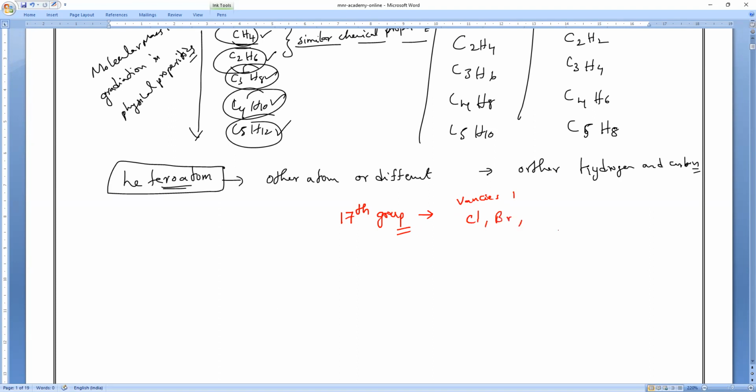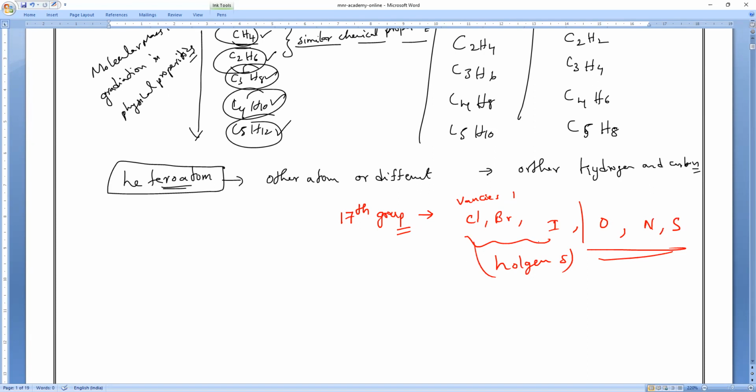Chlorine, bromine, iodine, and oxygen you can take. Chlorine, bromine, and iodine are called halogens, and oxygen, nitrogen, and sulfur are all called heteroatoms.